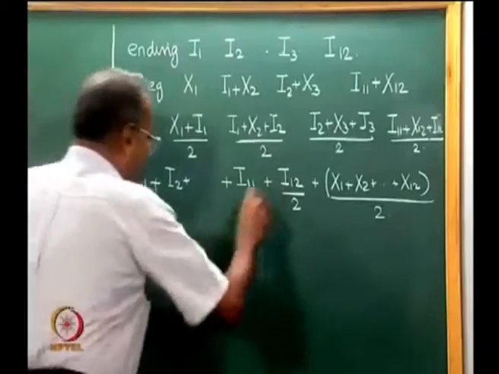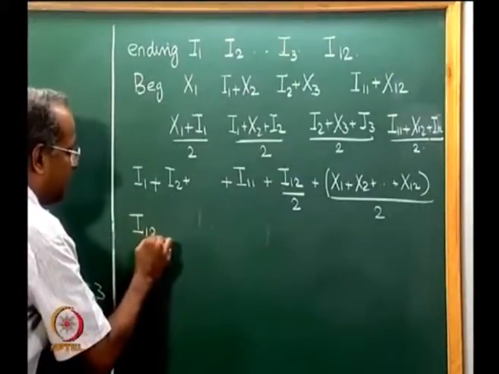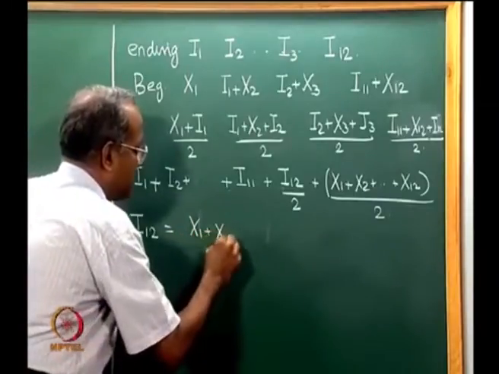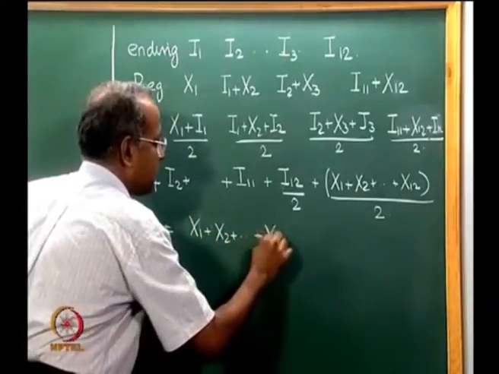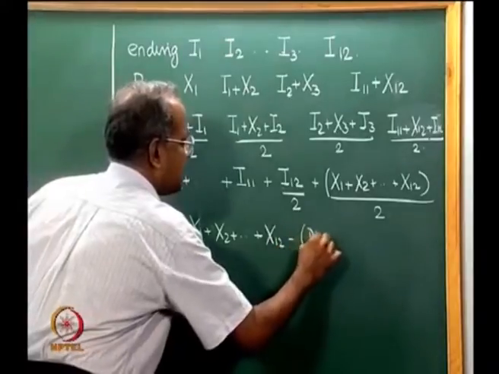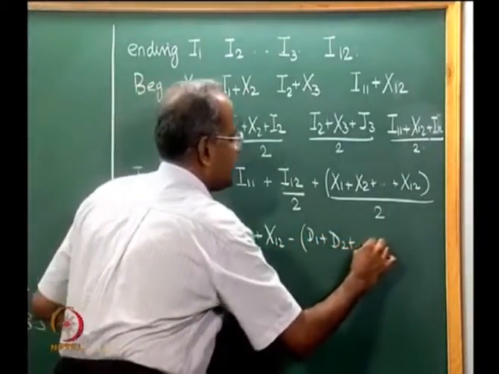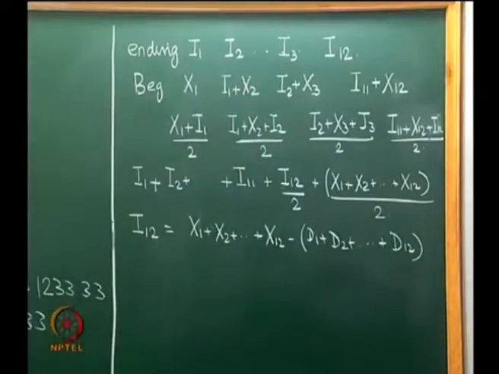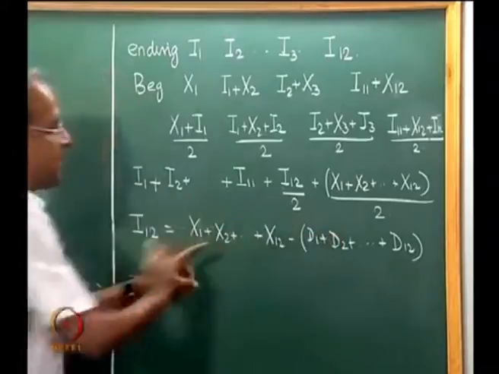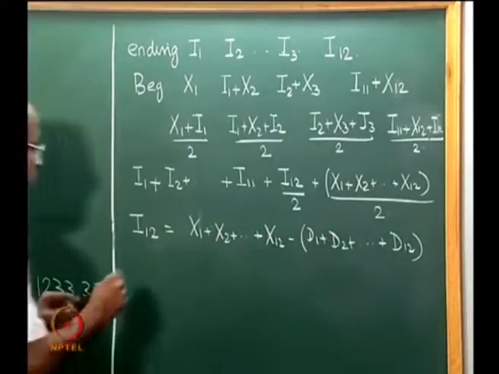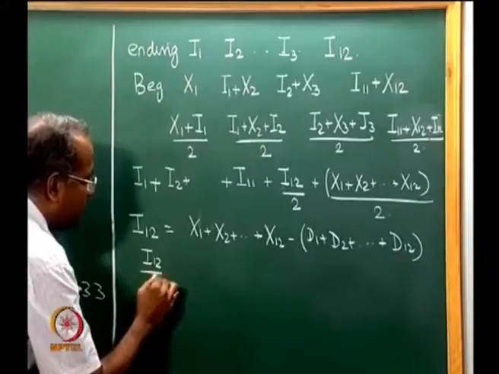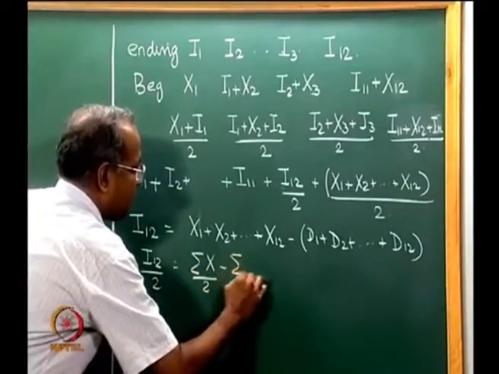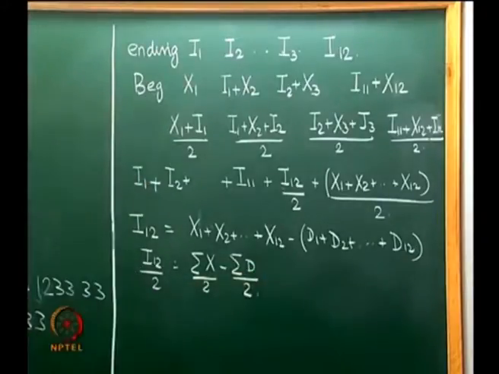So I12 is x1 plus x2 up to x12 minus D1 plus D2 up to D12. Let me write this as sigma x and this as sigma d. So I12 divided by 2 is equal to sigma x divided by 2 minus sigma d divided by 2.